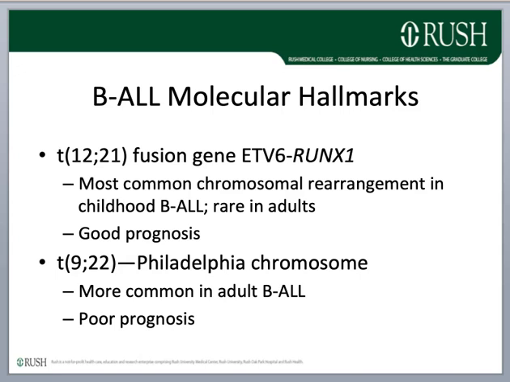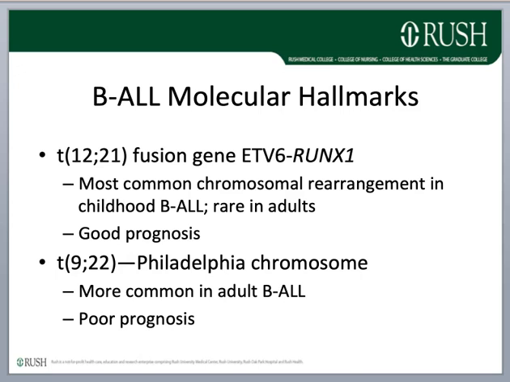Now, while T-ALL lacks characteristic molecular hallmarks, we can recognize some molecular hallmarks of B-ALL. First is a translocation between chromosomes 12 and 21, which results in the fusion gene ETV6-RUNX1. This is the most common chromosomal rearrangement in childhood B-ALL, but it's rare in adults, and this translocation confers a good prognosis.